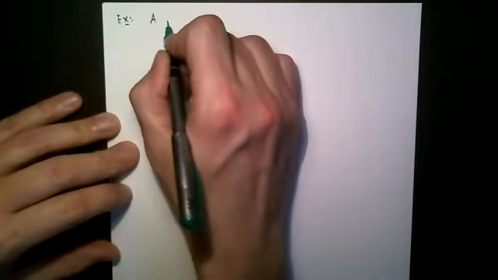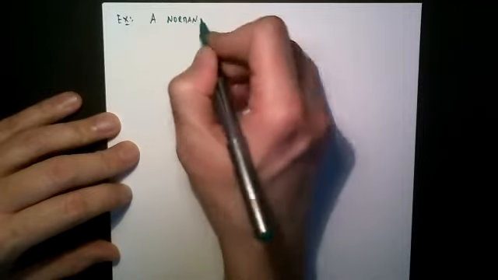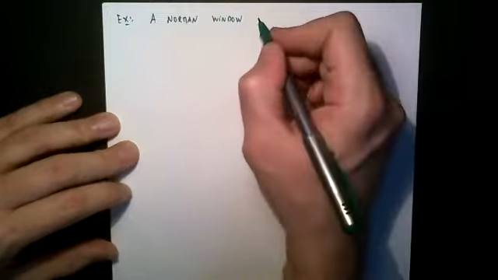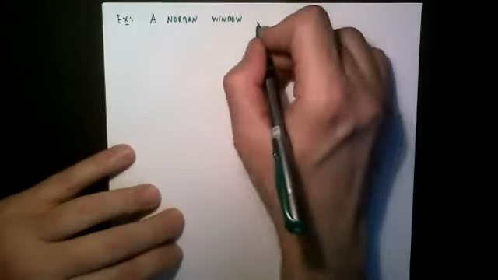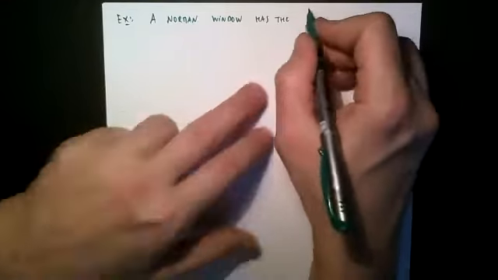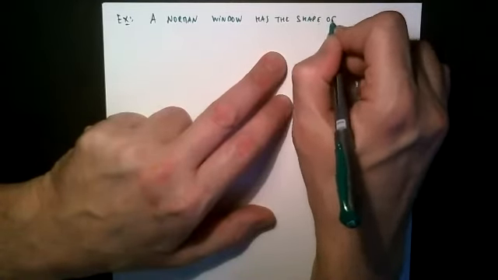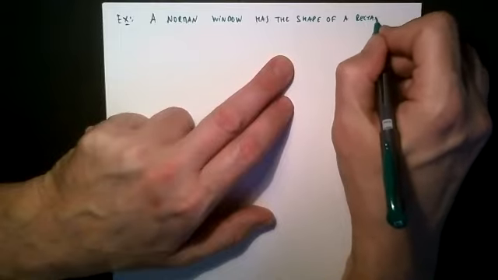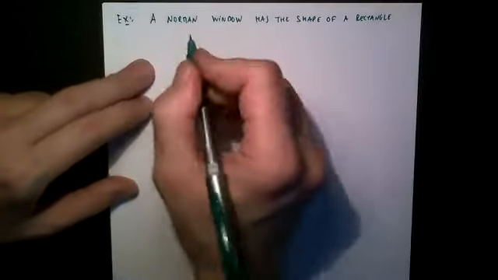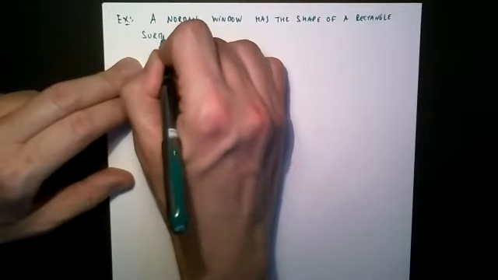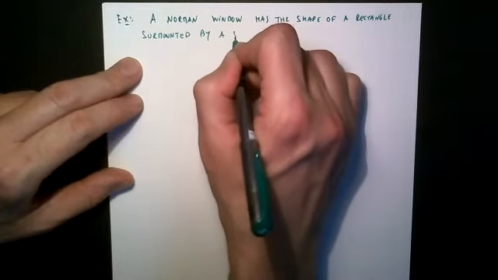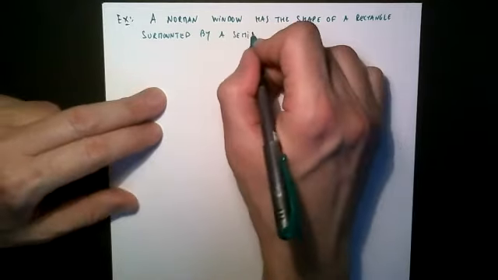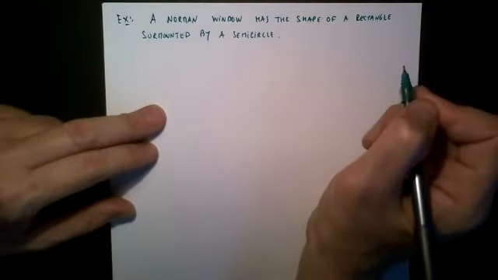What we call a Norman window has the shape of a rectangle surmounted by a semicircle. That's what a Norman window is.